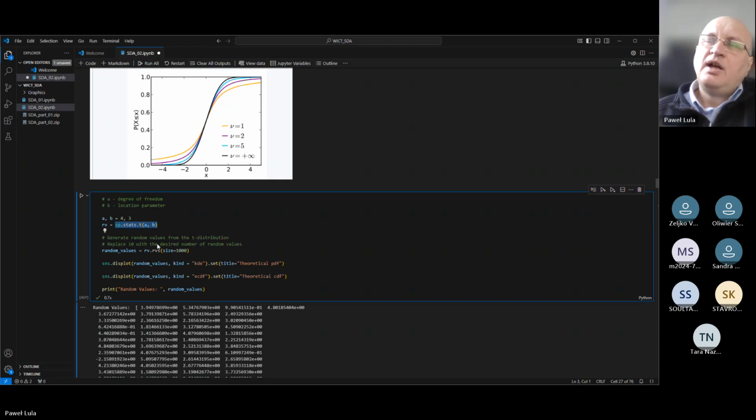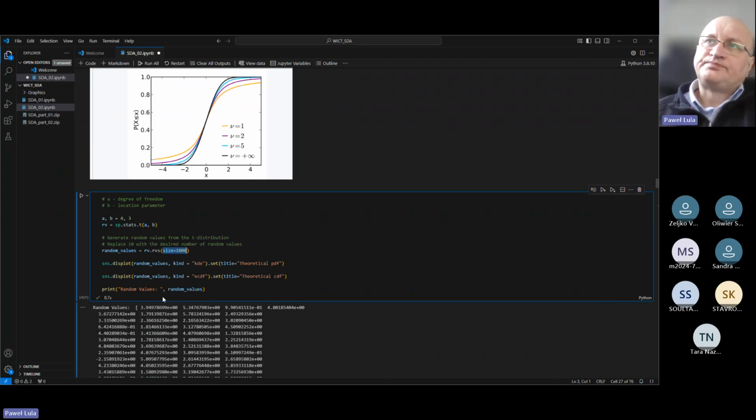When I want to generate values from this distribution, I should use this method, the RVS method, random values. I think that it is from this expression, to generate random values. The number of values which should be generated is defined here. A and B were defined here.